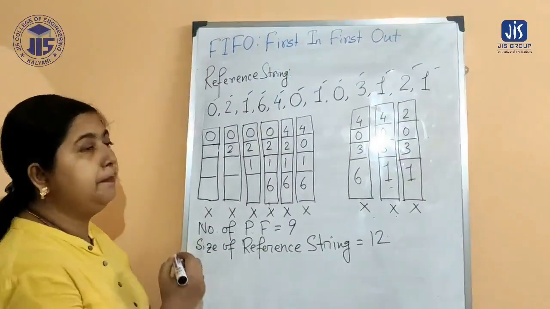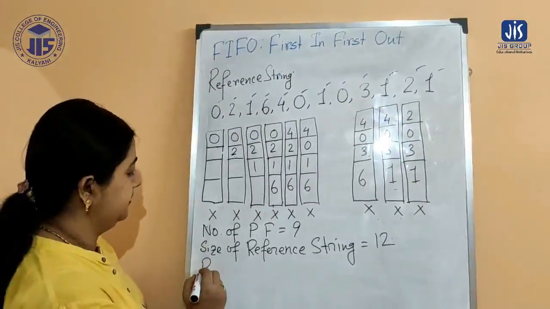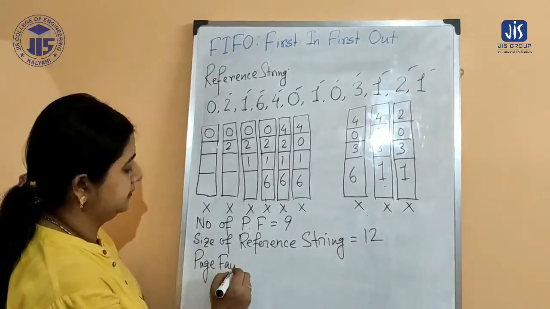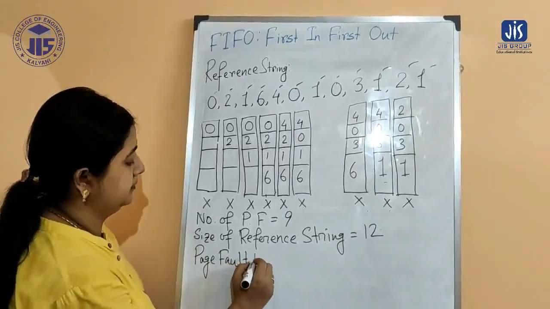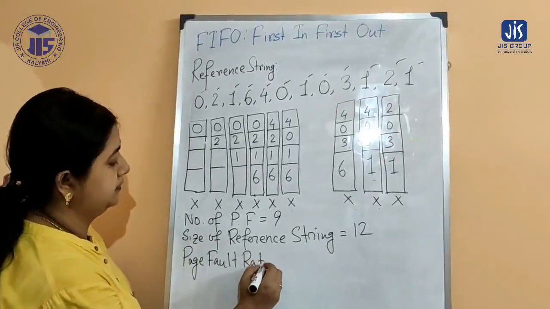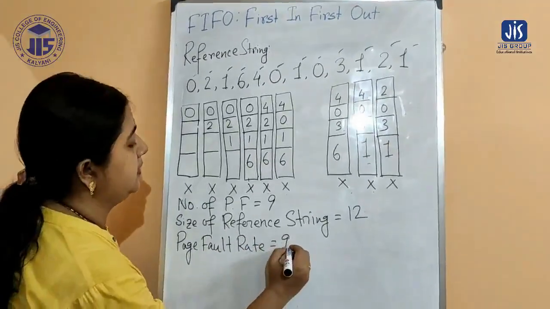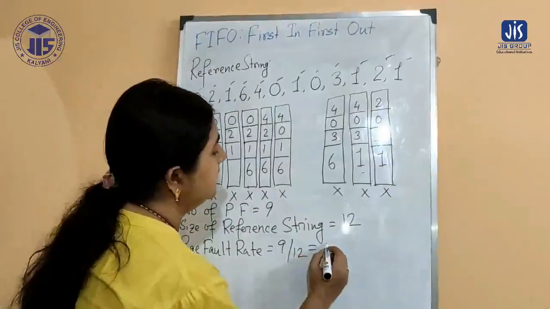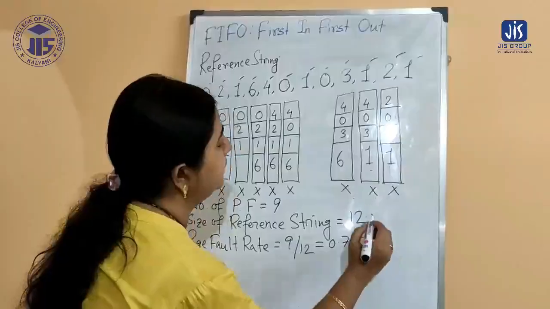So my page fault rate will be 9 by 12, which is basically 0.75.